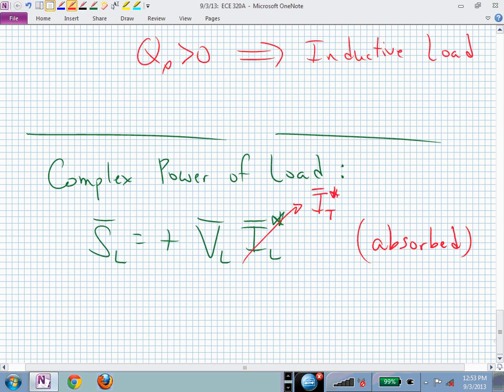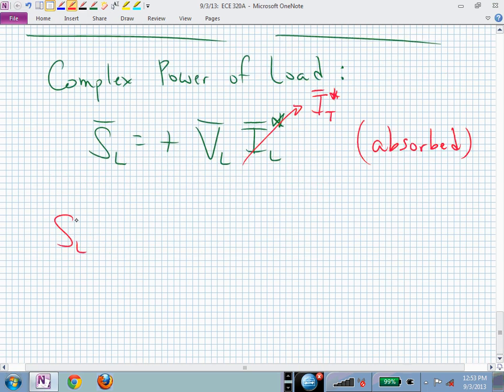But we can now, if we have the complex power of the load as V sub L bar times I sub T bar star, I know that V sub L is Z sub L, the impedance of the load, times the current going through that load, which is I sub T bar. But then I need to multiply that by I sub T bar conjugate.